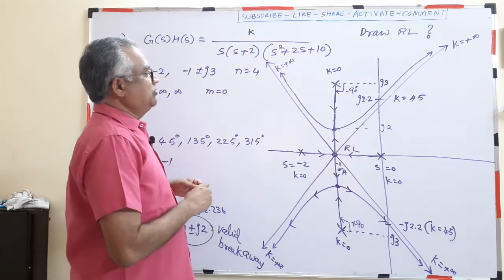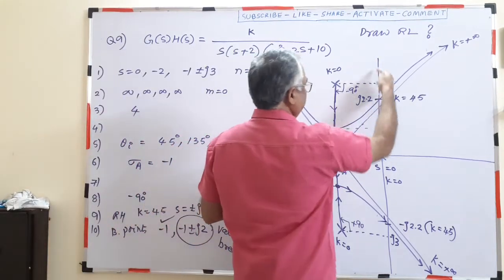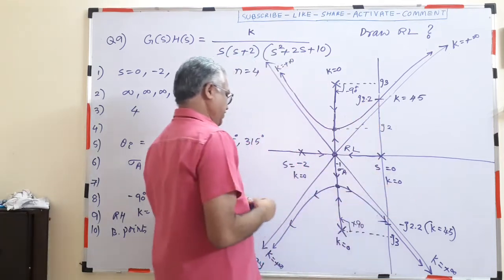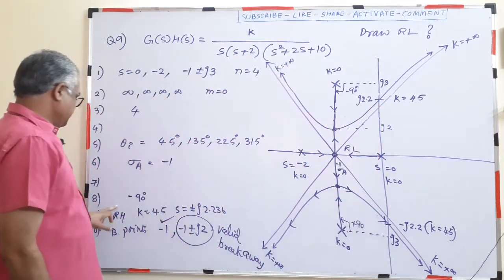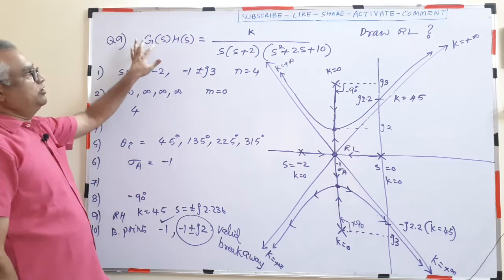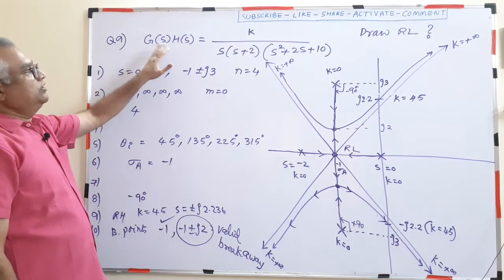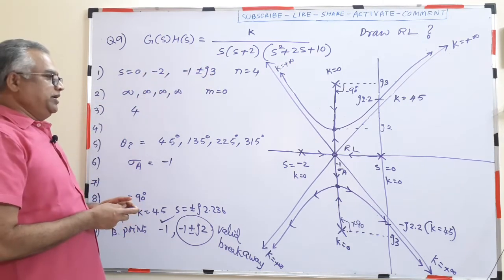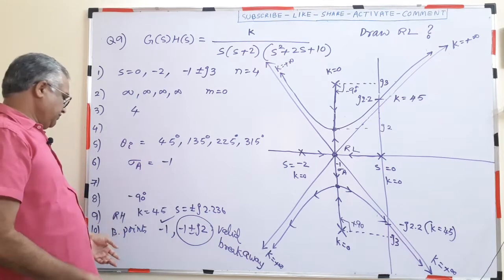Then the intersection of the root locus with the imaginary axis. It is intersecting here and here, and that you have to find compulsorily with the help of the RH criterion. The RH criterion is applicable to the characteristic equation. You will get a 4th order polynomial; prepare a table, form the auxiliary equation, and solve the auxiliary equation.